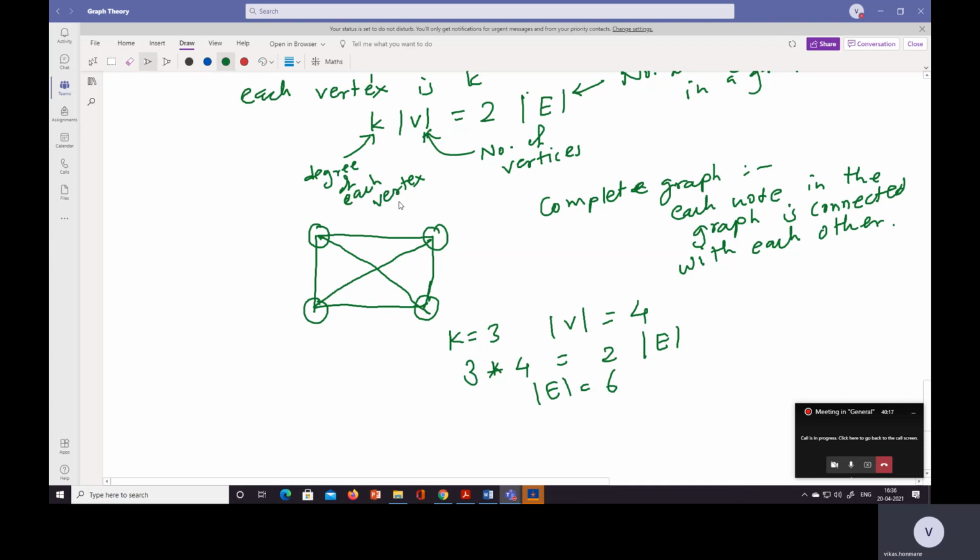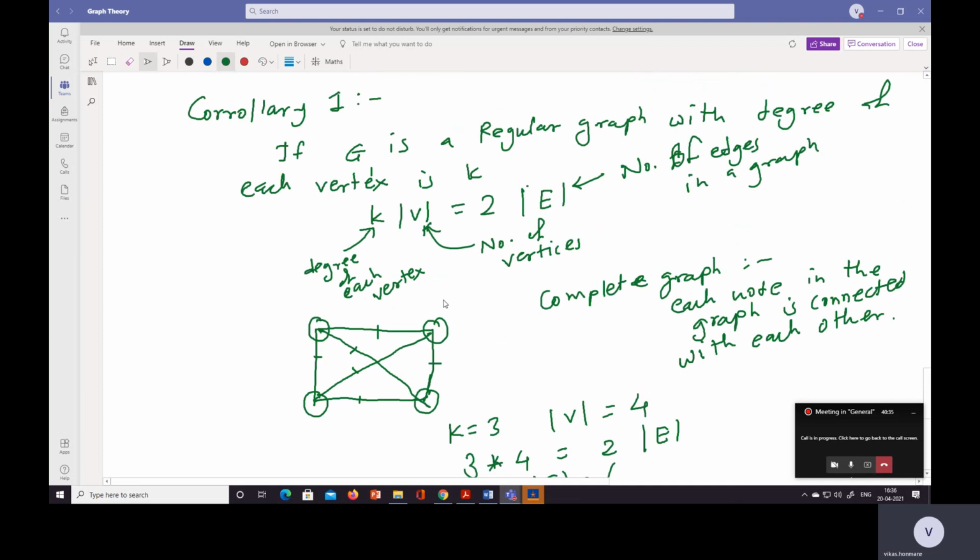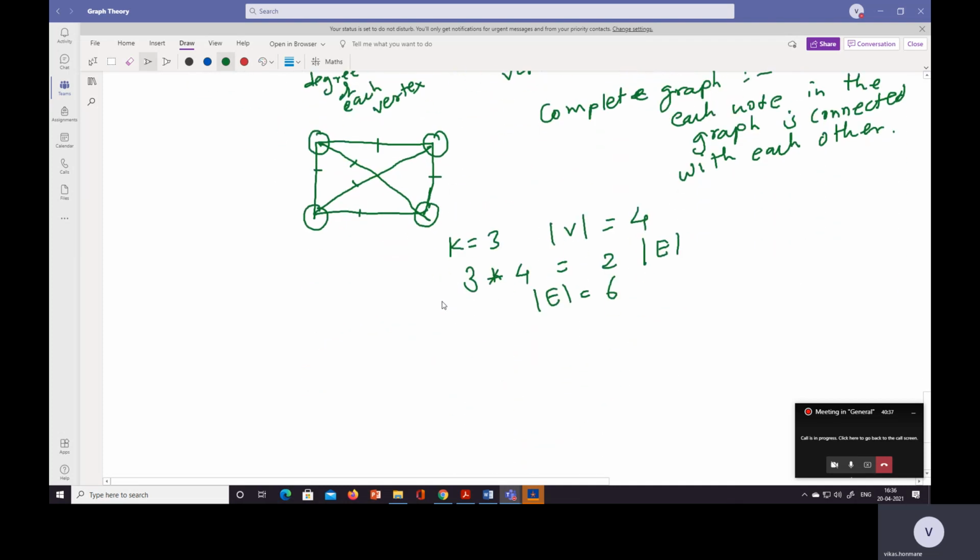Okay, so we try to find out whether the number of edges is 6 or not. We'll start from this and count 1, 2, 3, 4, 5 and 6. Okay, so 6 edges are there. So that means it satisfies corollary 1. Again we'll take one more example.